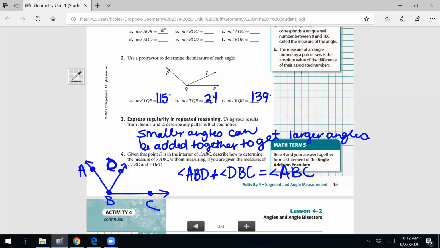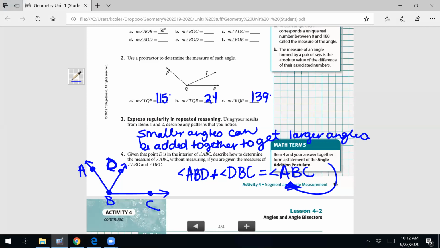That is where you get the angle addition postulate, and it works just like the segment addition postulate. If you know the big angle, then you subtract the smaller angle, and that gives you the other one. It's exactly the same thing, except instead of segments, we're dealing with angles. All right, so flip that page so we can do a little bit of the math.